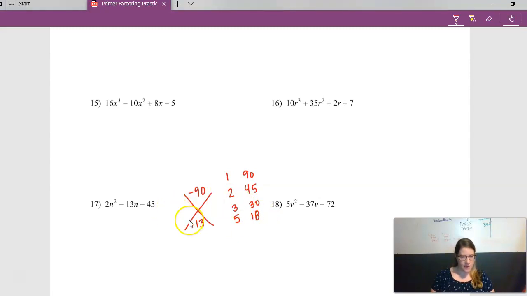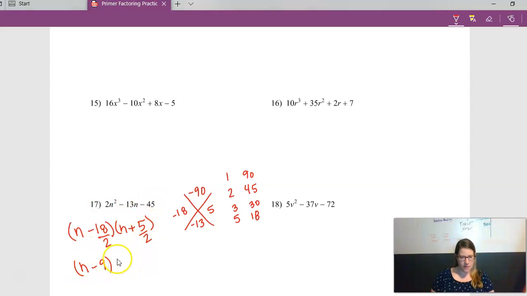There we go. So 5 and 18, because 18 minus 5 is 13. So we'll do negative 18 and positive 5. So that would give me n minus 18 and n plus 5. And then remember, we just need to divide each of these by a, which a was 2. If that 2 goes evenly in, we're going to go ahead and divide it. So 18 divided by 2 is 9.